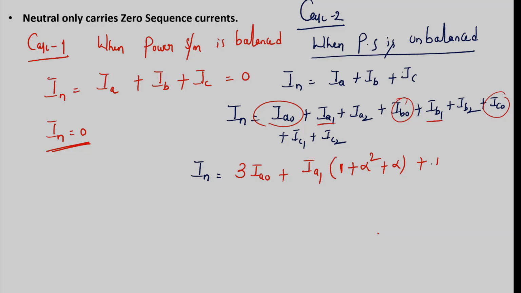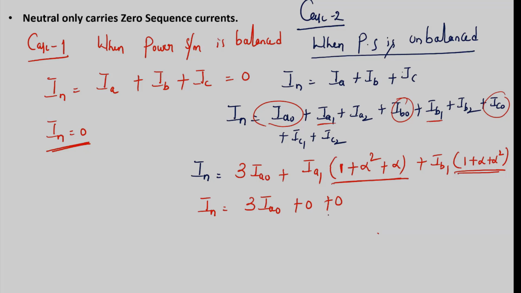Similarly if I take IB1 common, again you are going to get 1 plus alpha plus alpha square. We know that 1 plus alpha plus alpha square equals 0. So your neutral current will become 3 times IA0 plus 0 plus 0.